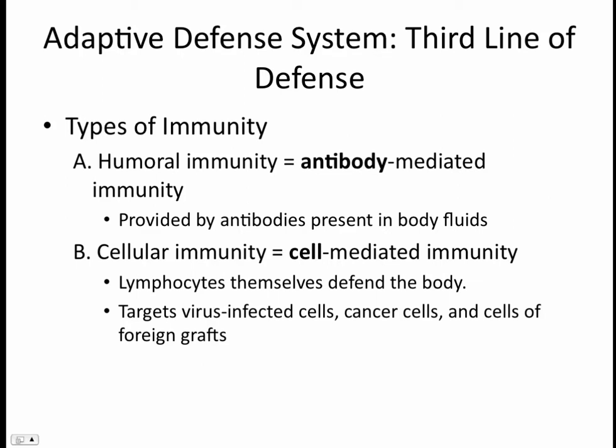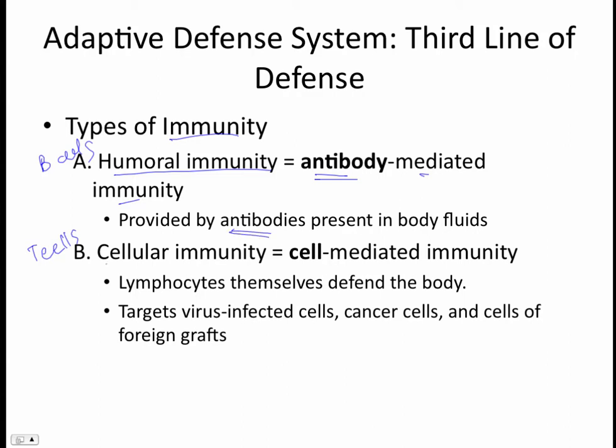Looking at these two different types of immunity we have, dealing with our B cells or our T cells, we have humoral immunity. This is antibody-mediated immunity, and this is because, as we looked at earlier, it has to deal with antibodies found in the humors, or the liquid portions of our body.